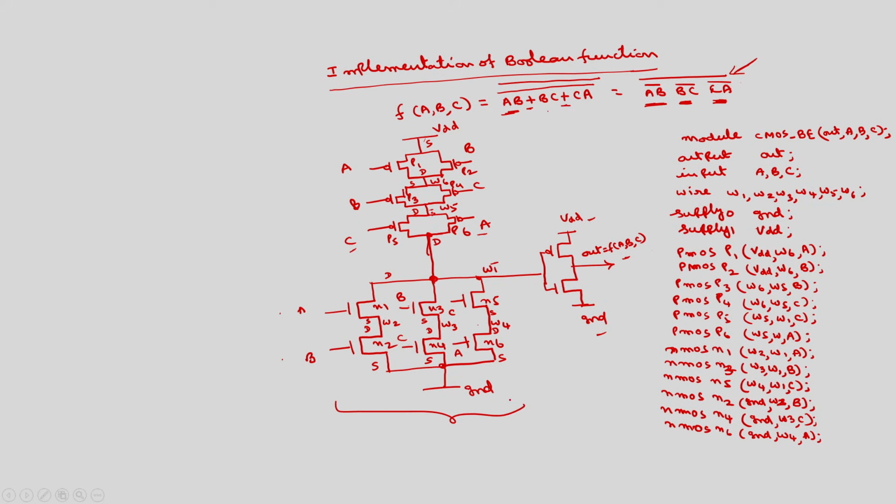Then we have another NOT gate. Here also I will call these P7, N7. So, PMOS P7: this is the source, this is the gate, this is the drain. The source is at VDD, the drain is at out, the gate is at W1.